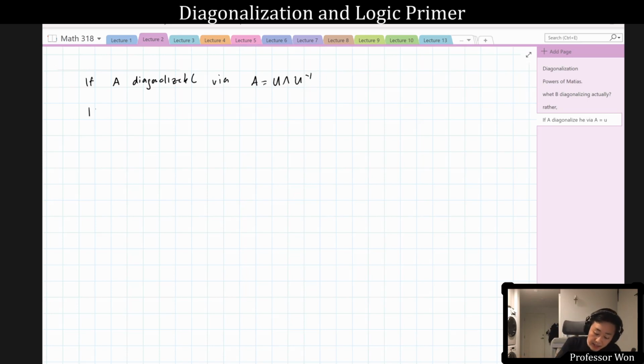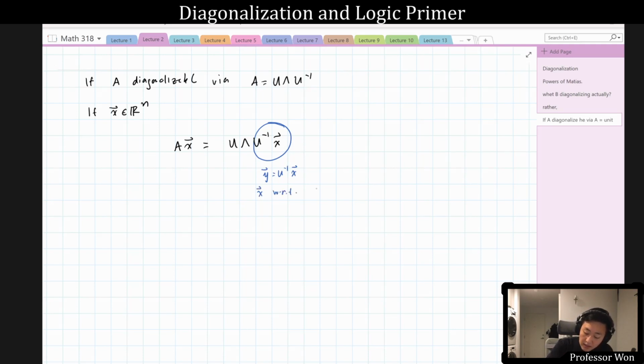So if x is any vector in Rn, then A times x is u lambda u inverse x. Well, what is u inverse x? U inverse x is like writing x with respect to the eigenbasis. This is like y equals u inverse x. This is the point x with respect to the basis u.